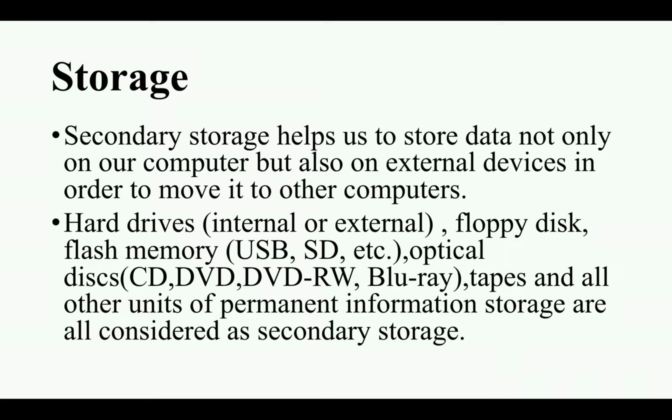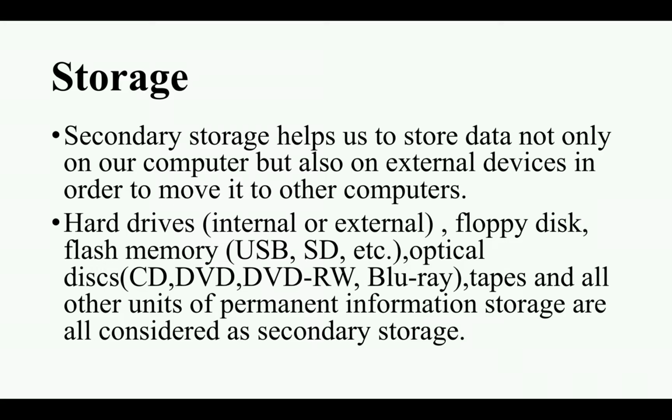Sometimes you connect it to your computer and sometimes you take it out and put it in your cabinet. Floppy disk. Floppy disk was used in the past, but nowadays it is not used. Flash memory like USB, memory card in your mobile phones. Optical disc, that is called CD, DVD, DVD-RW, and Blu-ray.